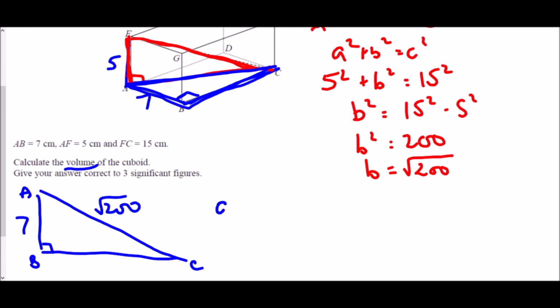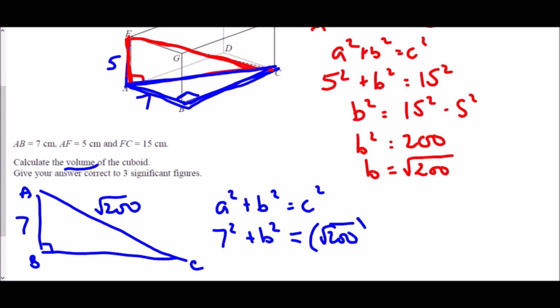So again, a little bit of Pythagoras' theorem. A squared plus b squared equals c squared. Well, A is 7, so 7 squared. And again, it's one of the shorter sides we're actually trying to find this time. 7 squared plus b squared equals root 200 squared. Now what is root 200 squared?